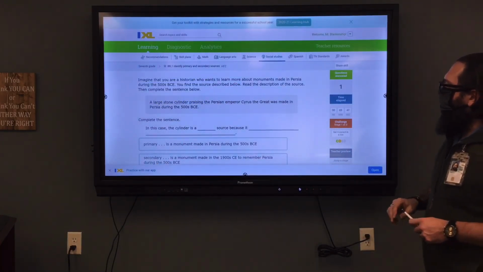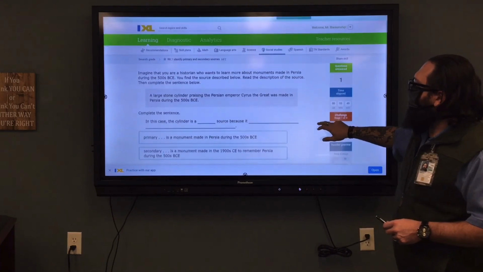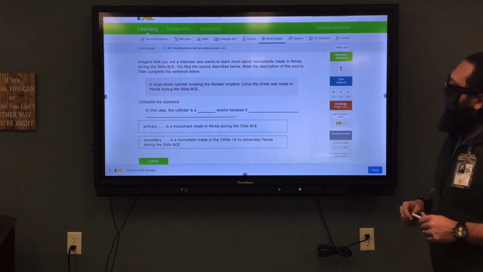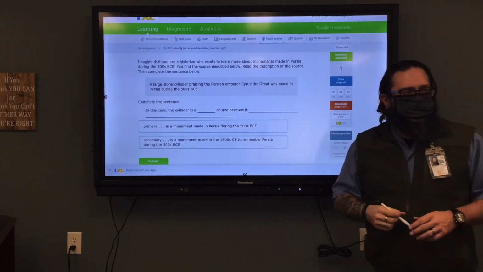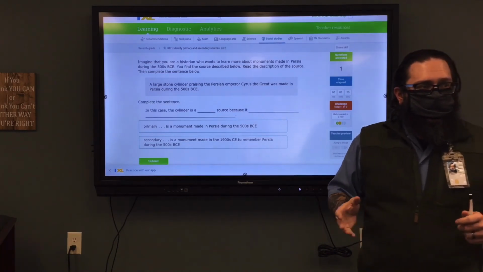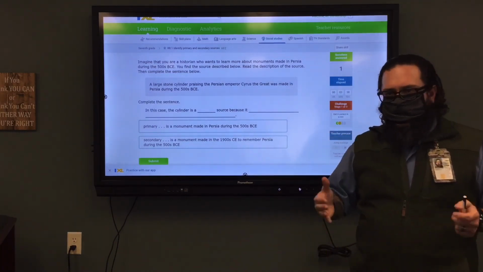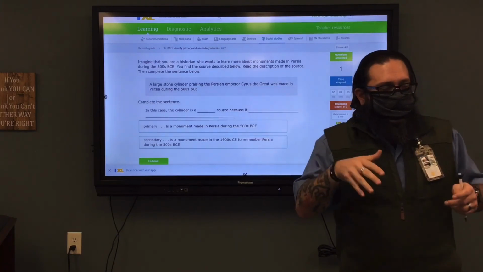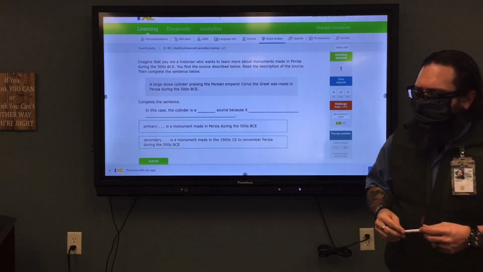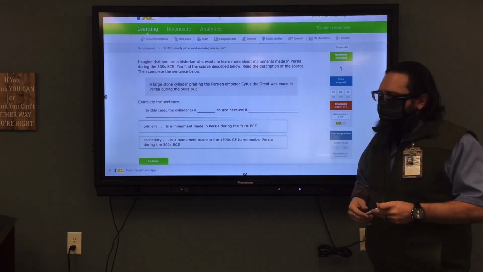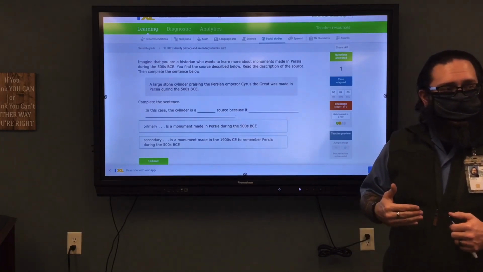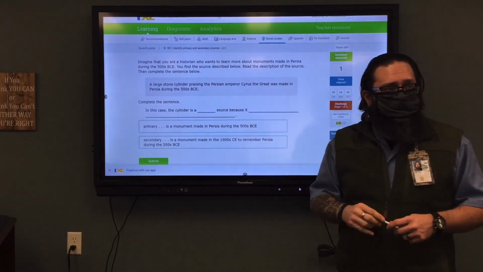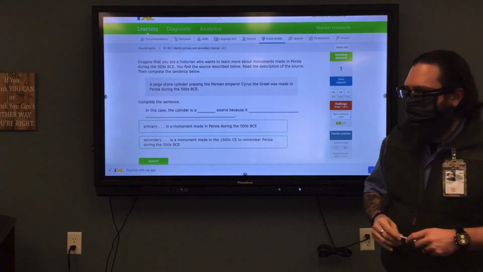All right, let's look at one more example. So remember, a primary source is a first-hand account that is made during the time that the event happens. The secondary source is something that is created after the fact, maybe created at a much later time.